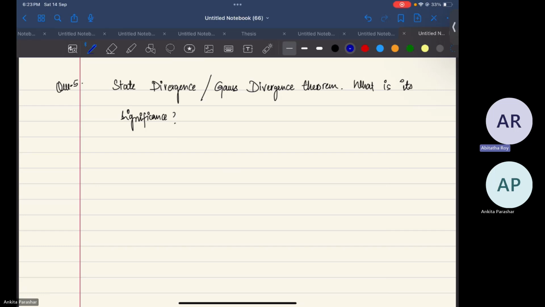It relates the flux over a closed surface to what? We relate it to the volume integral.